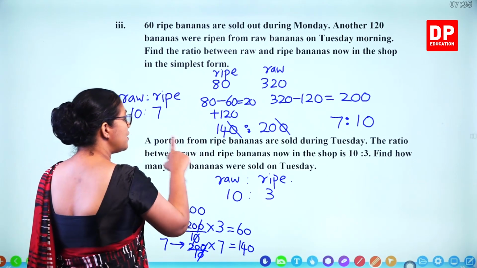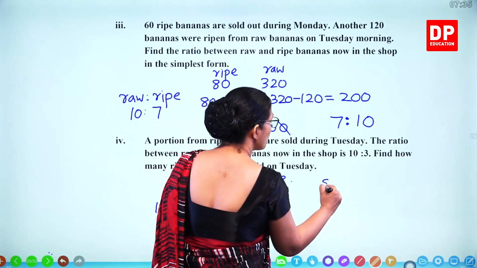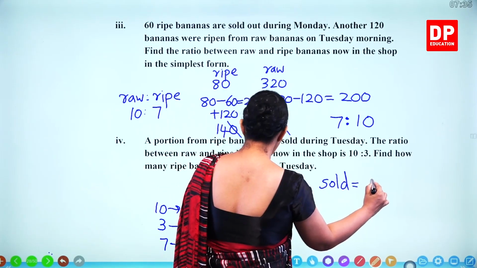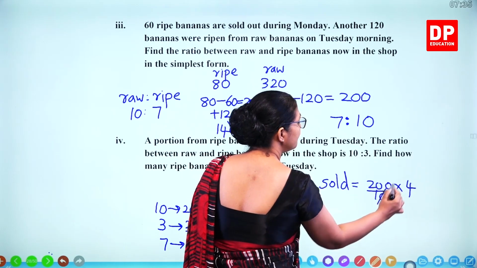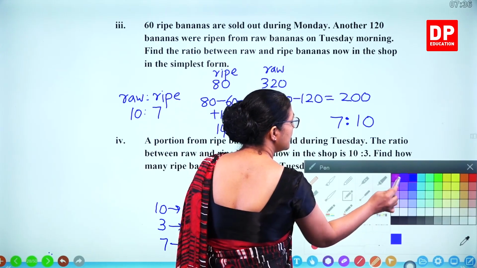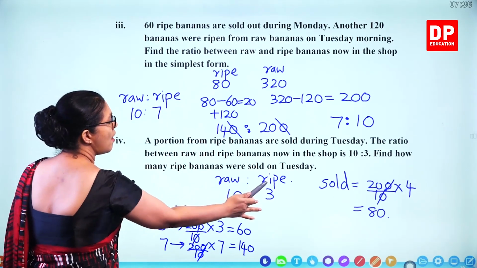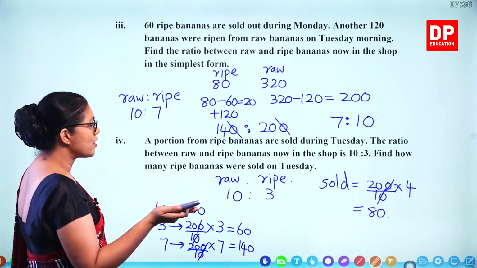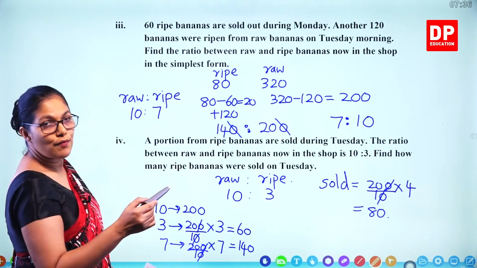Or you can do the difference is 4 parts straight away. 4 parts. So sold ones are 200 divided by 10 and multiplied by 4. 80 bananas are sold. So any method is okay. Finding earlier one, after, and take the subtraction, or we can take the difference and see straight away.